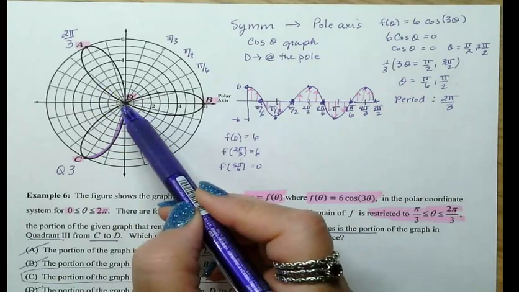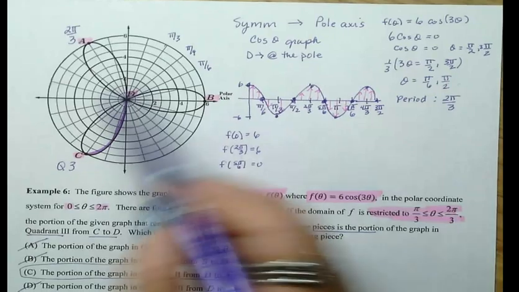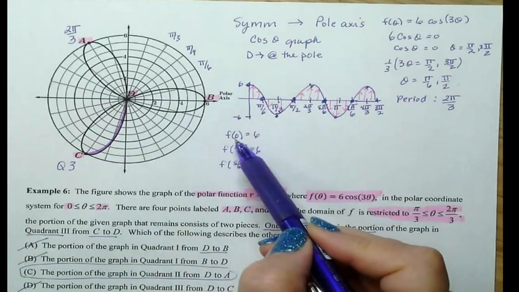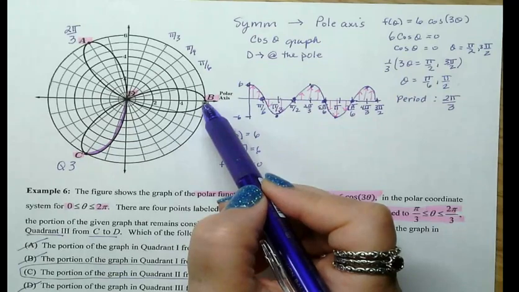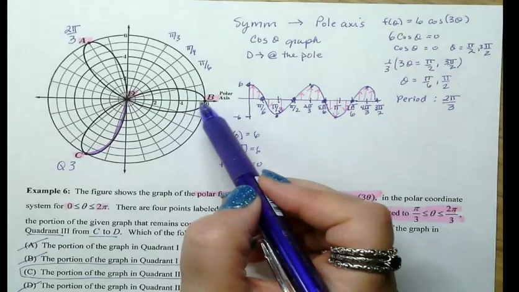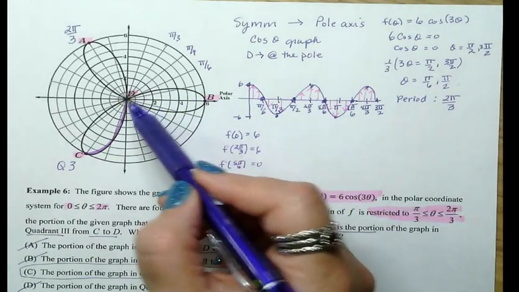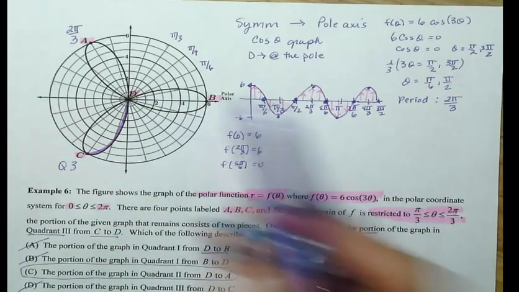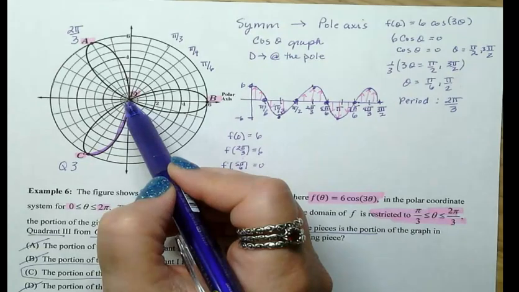If we want to find where this graph starts, I did f of 0, and f of 0 gave me 6. So it starts here, and then it graphs counterclockwise. As we go with these angles, it's going to travel through this pattern. And when it gets back to the pole right here, that's going to be at pi over 2. So pi over 2 would graph it to the pole.